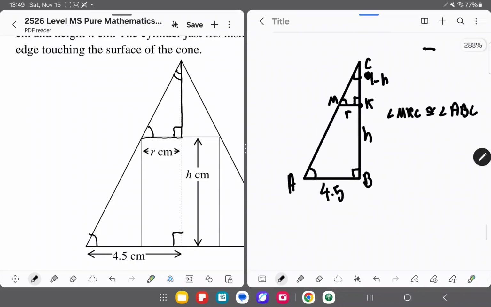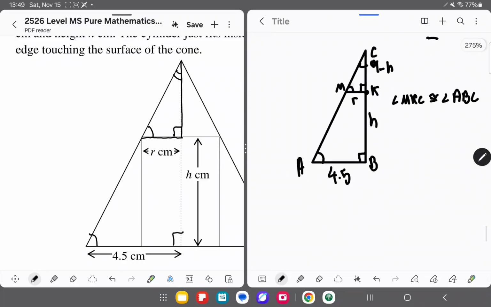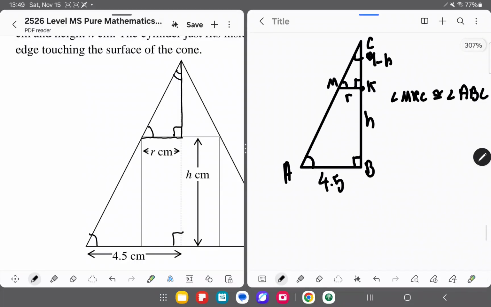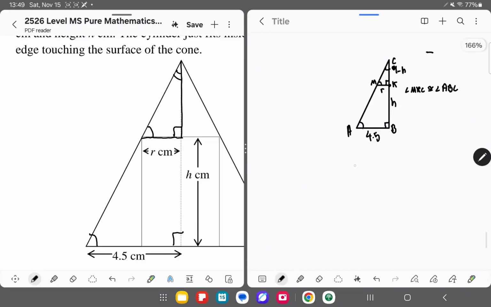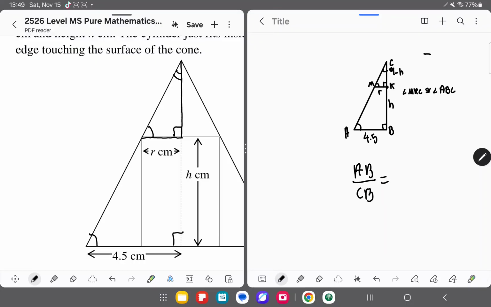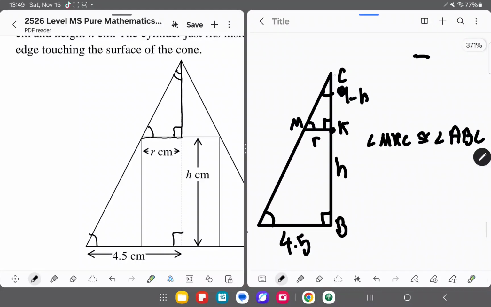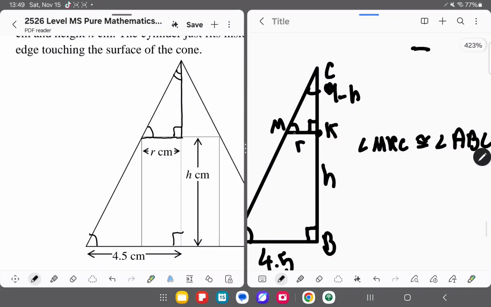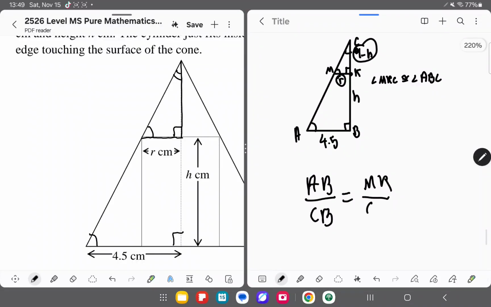Angle C is facing AB, which is 4.5 for the large triangle, and its adjacent side is just 9. So it's going to be AB over CB is equal to, and then we do the same idea here: with angle C, the opposite is R and the adjacent is 9 minus H, or in other words, MK and CK.